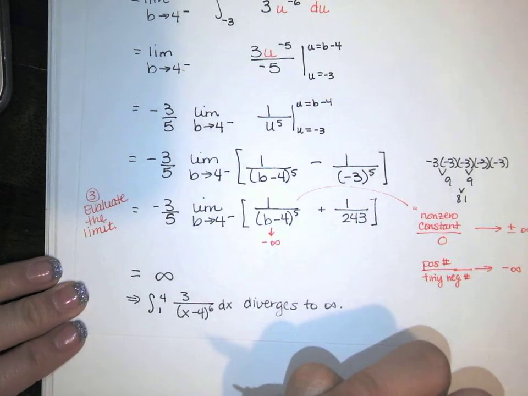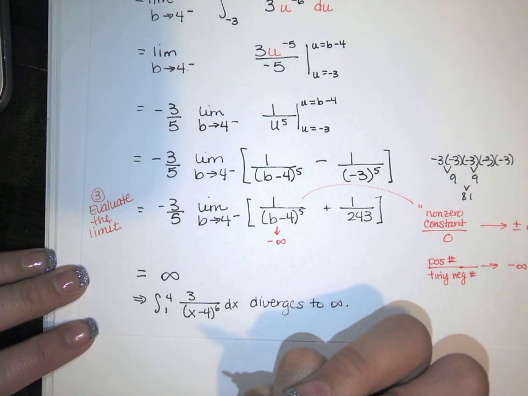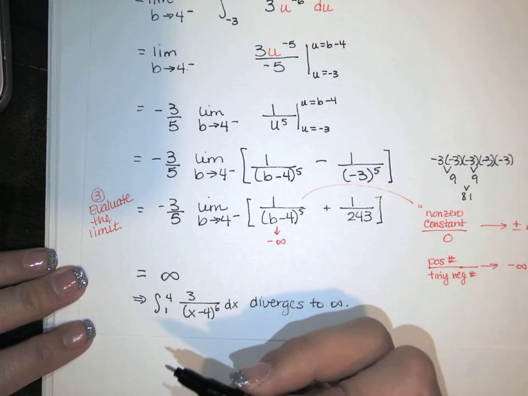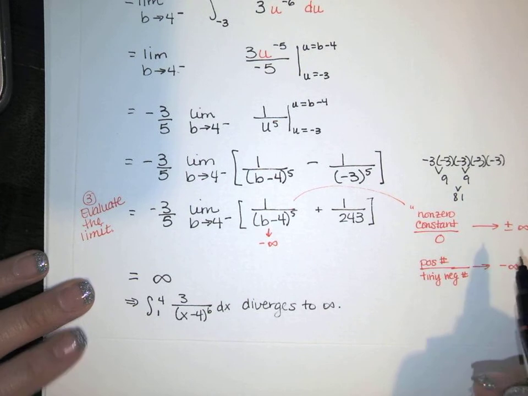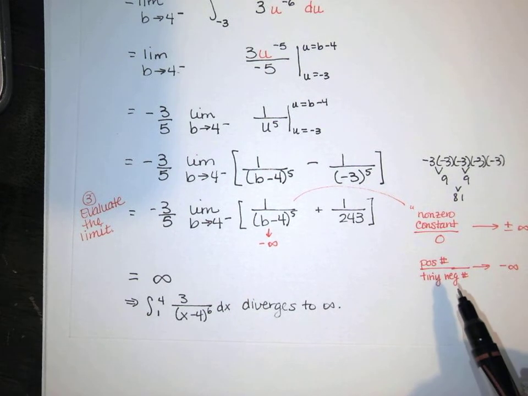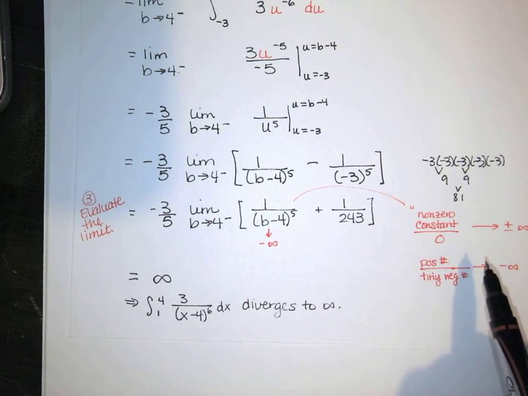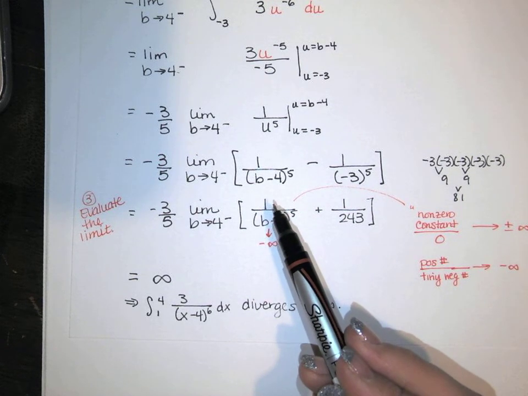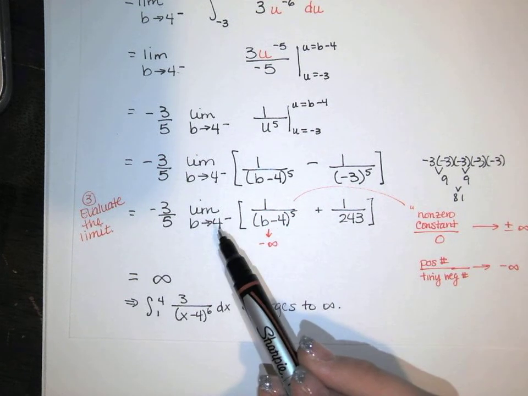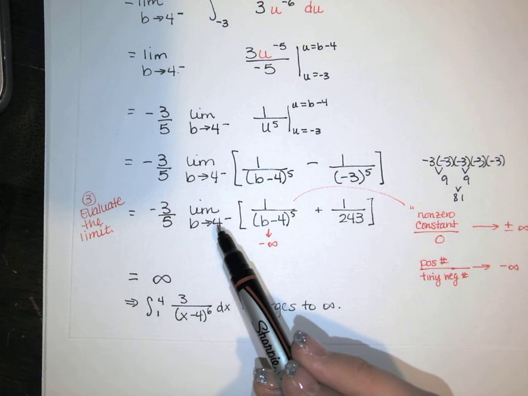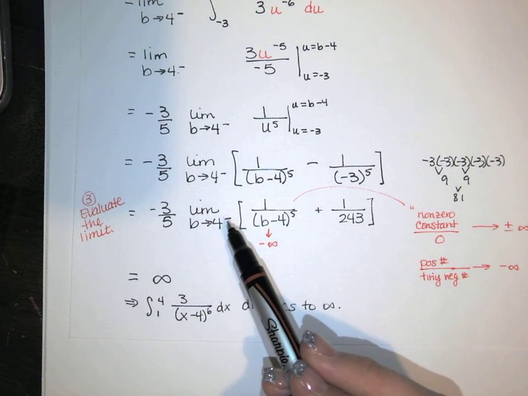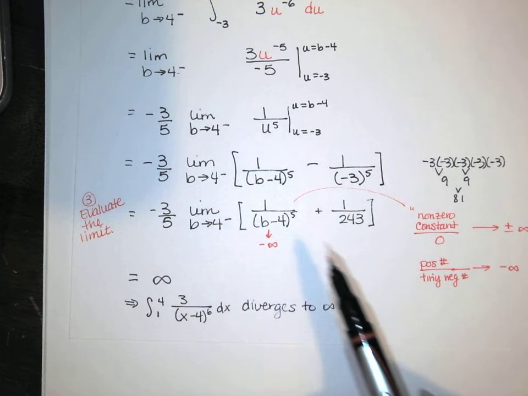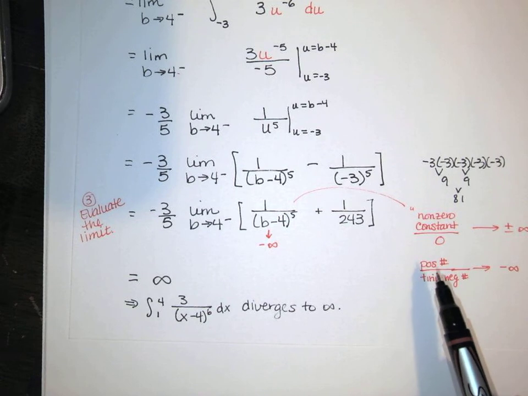which may require the use of some Calc 1 skills, like this one. If you have a non-zero constant over 0, you're going to get plus or minus infinity. To figure out which one, you need to analyze the sign of the numerator and the denominator as your a or your b approach this number from this side. All of that is important in determining that sign.